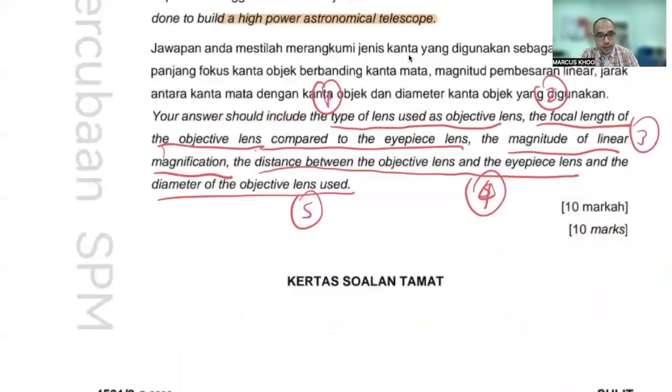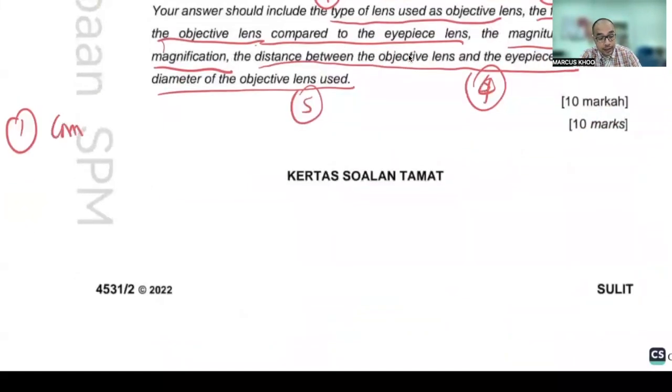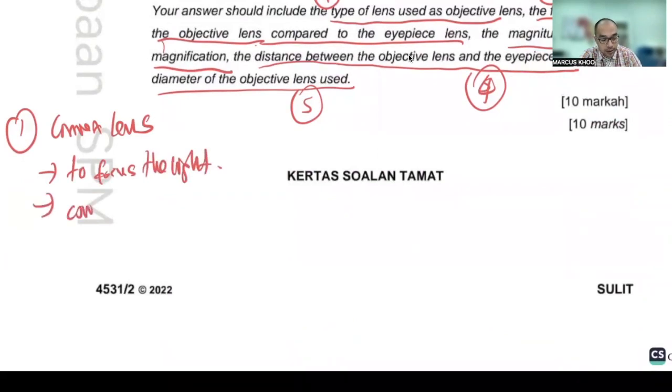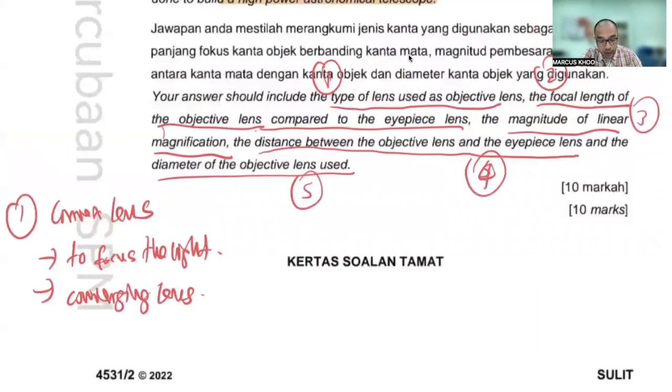Type of lens: it is obviously a convex lens. We don't use a concave lens. The reason for the convex lens is to focus the light, because it is also known as a converging lens. It converges the light to a focal point. Second is the focal length of the objective lens compared to the eyepiece lens.